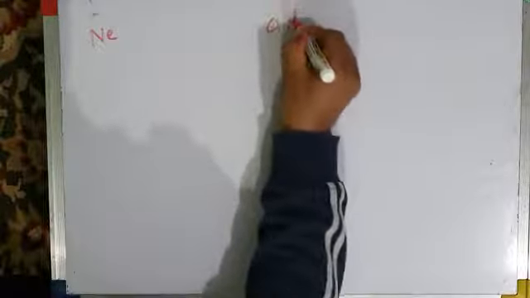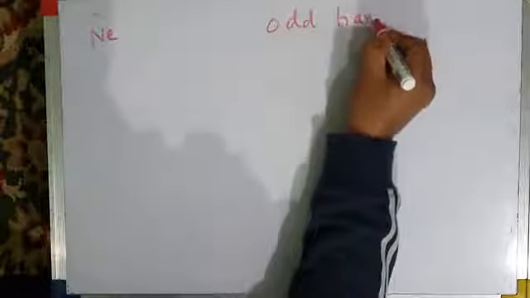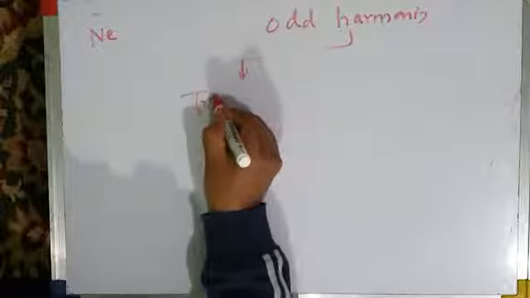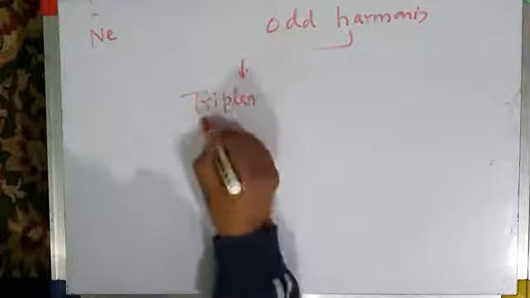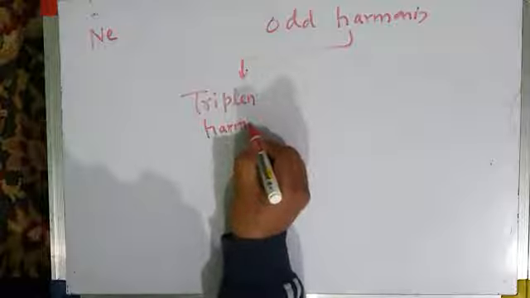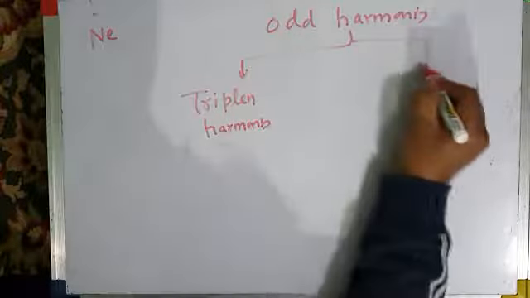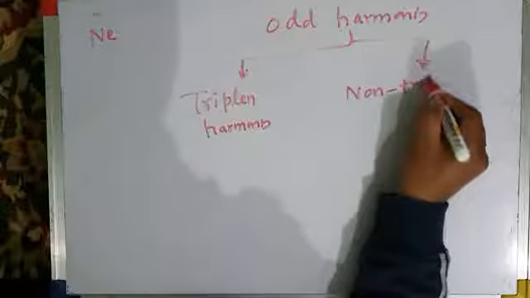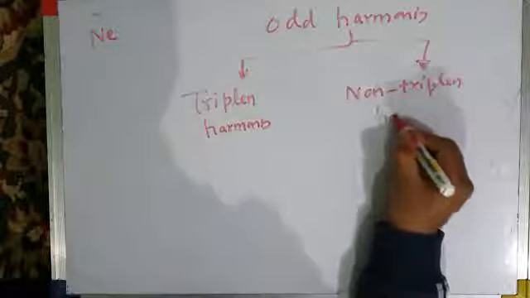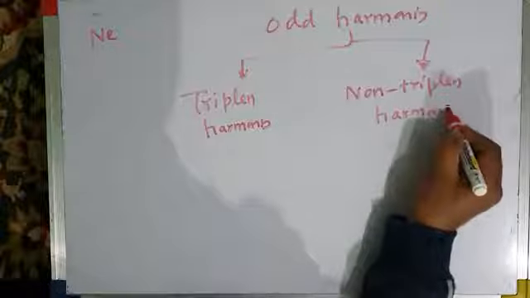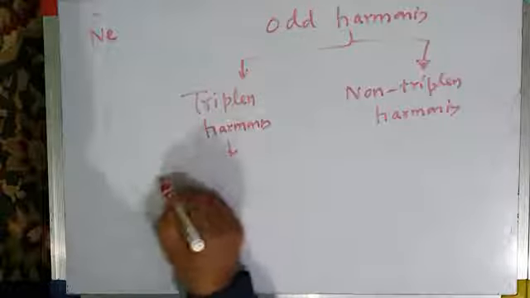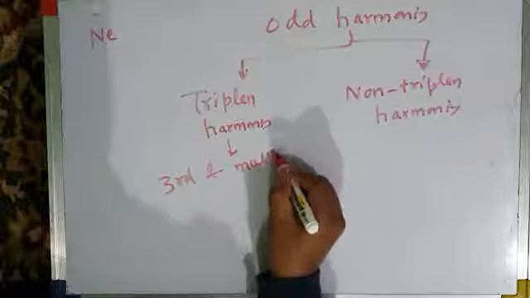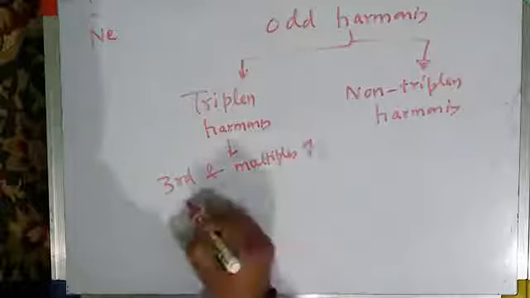Now odd harmonics are also of two types. They are triplen harmonics and non-triplen harmonics. Triplen harmonics are third and multiples of the third harmonic.